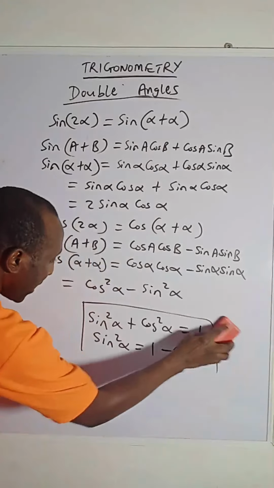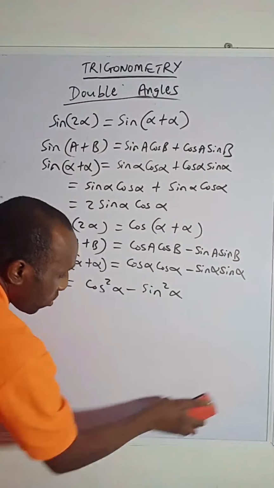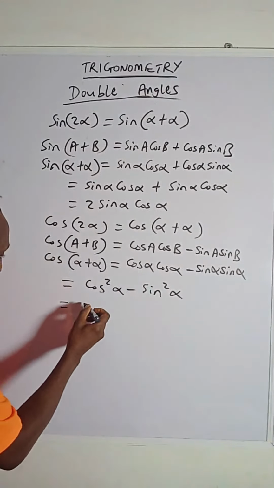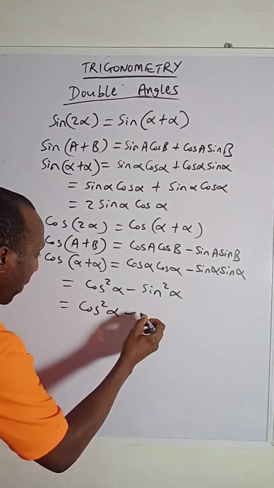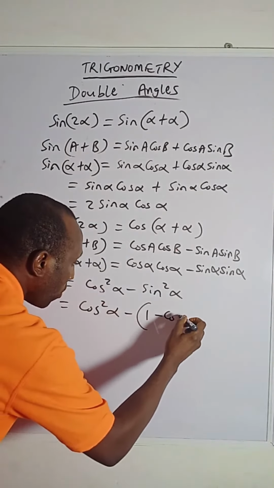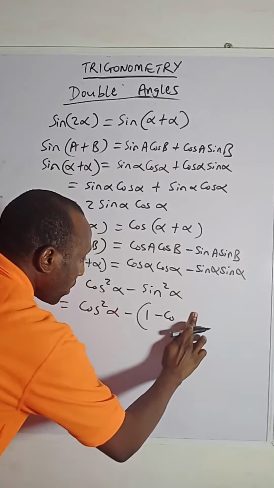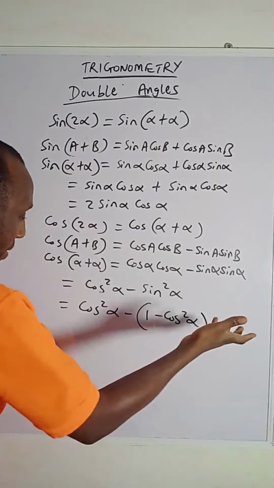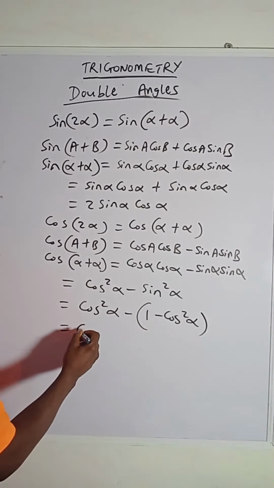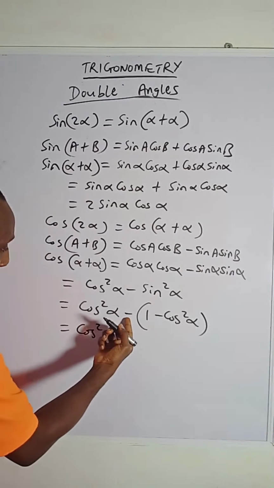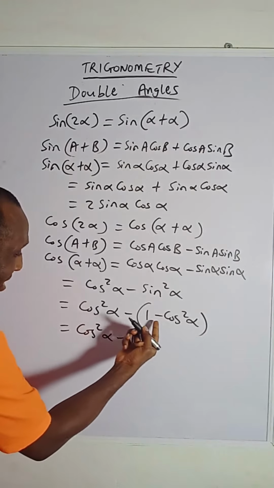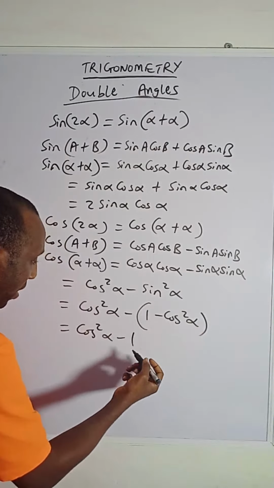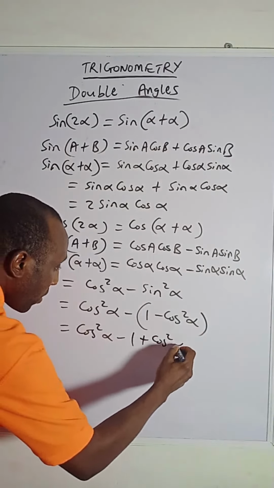So let's quickly do that. So cos squared alpha minus, remember 1 minus what? Cos squared alpha. Like what I just showed you. Then this is equal to cos squared alpha minus times 1 is minus 1, minus times minus cos squared alpha is plus cos squared alpha.